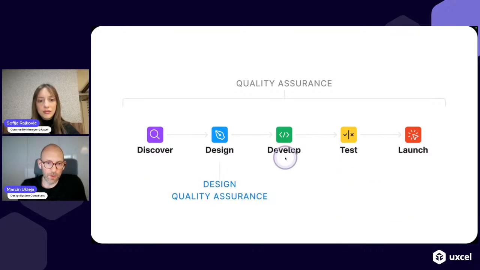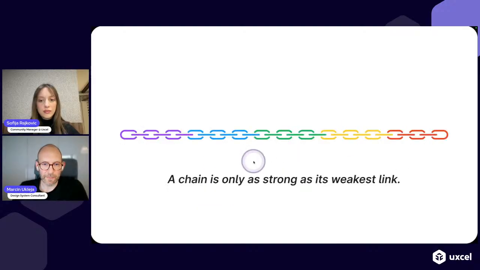And of course, our part of quality assurance is design quality assurance. This is part of the entire mindset, I would say, and we have to look at it from this perspective, having everyone in mind as well. There's also a nice metaphor: a chain is only as strong as its weakest link.